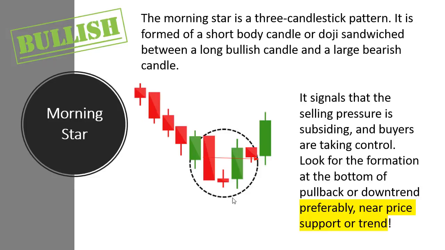Okay, now make sure, once again, we want this showing up somewhere near a price support, and or somewhere near trend. So let's say the last peak of the chart, the price move was up in here, we pull back, and then this pattern right here shows up right in this area.